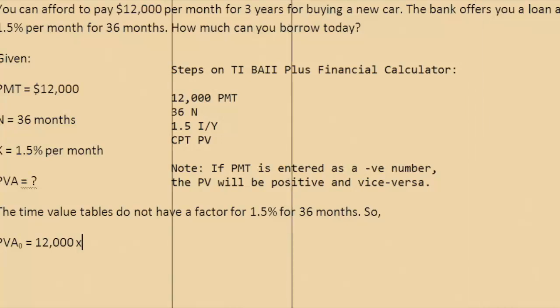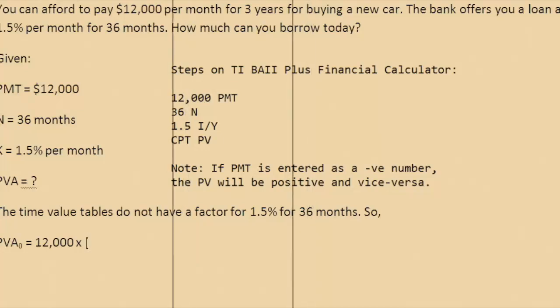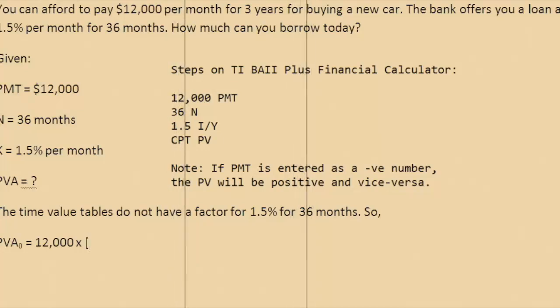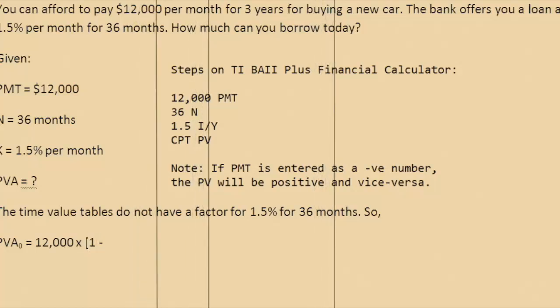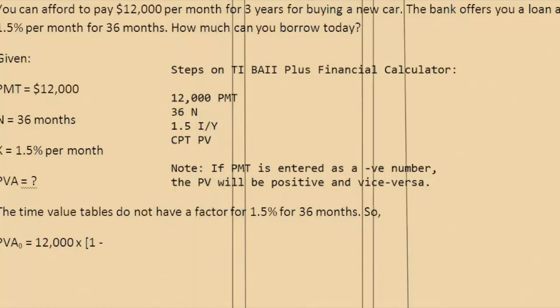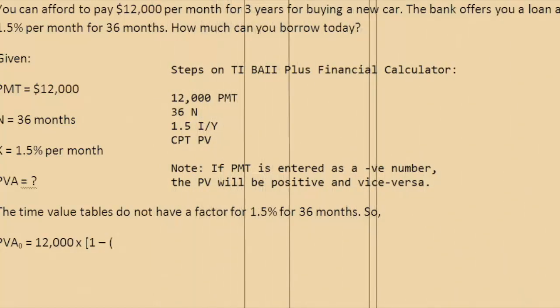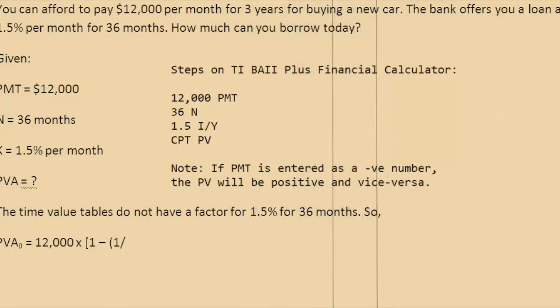Since time value tables are not going to help us in this case, we pick up the mathematical formulation of the interest factor, which is going to be 1 minus, and then we need to write the present value interest factor of $1, which we know is equal to 1 over 1 plus k. So let me write down 1 plus k here.